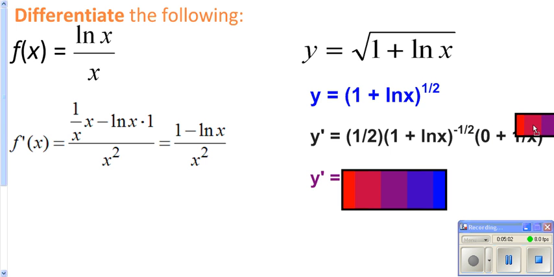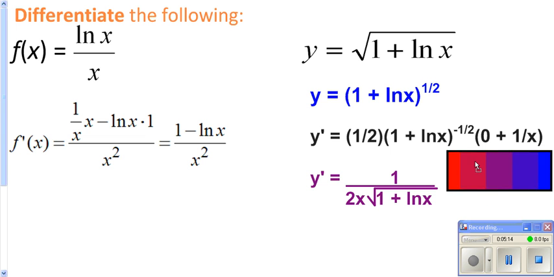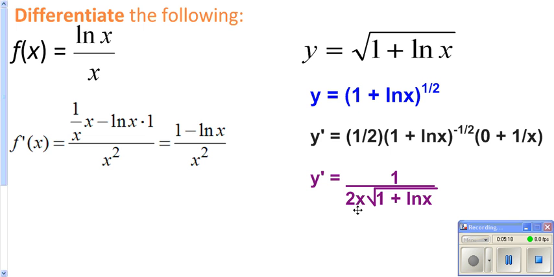Derivative of natural log is 1 over x. So all we're going to do is simplify this. This is a negative exponent, so it moves down to the bottom. The 1/2 causes a 2 to be in the bottom. Our 1 over x causes this x to be in the bottom. Remember, this is a negative 1/2 power, so it moves down to the bottom and becomes a positive 1/2 power, which is really your square root.